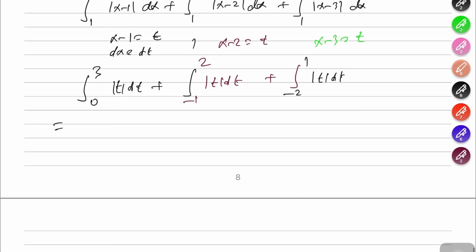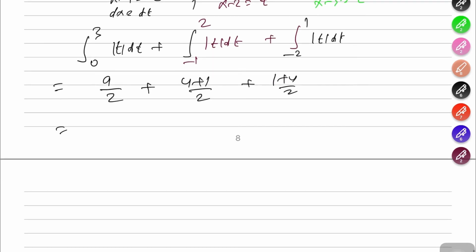Because the first has the same sign, since the lower limit is 0, it becomes a square: 9 upon 2. Then 2 and minus 1 are opposite signs, so we square them: 4 plus 1 by 2. Similarly, minus 2 and 1 are opposite signs, so that becomes 1 plus 4 by 2. So that becomes 9 plus 5 plus 5 by 2, that means 19 by 2.